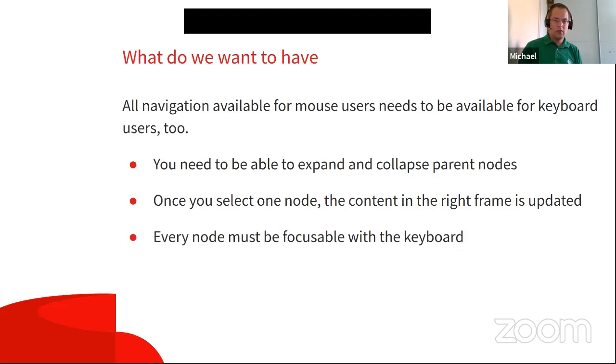Once you select a node, the content of the page needs to be shown in the content frame on the right side, and every node needs to be focusable with the keyboard. Additionally, there is the context menu. The context menu should also be available using the keyboard.